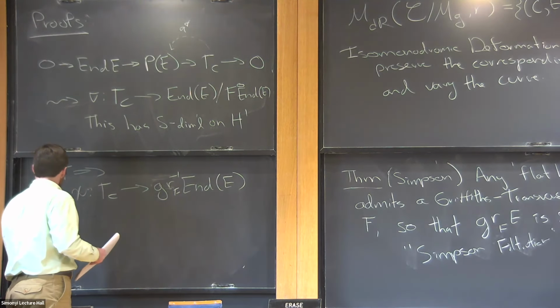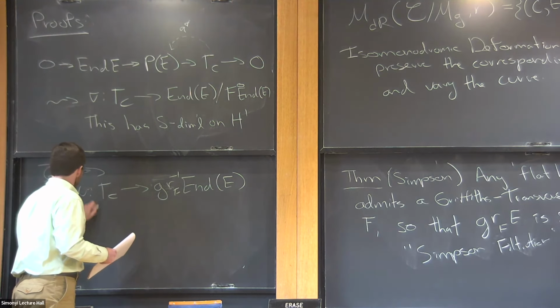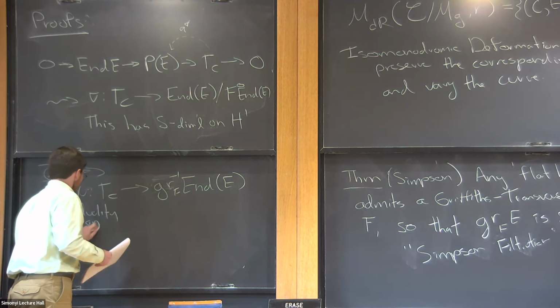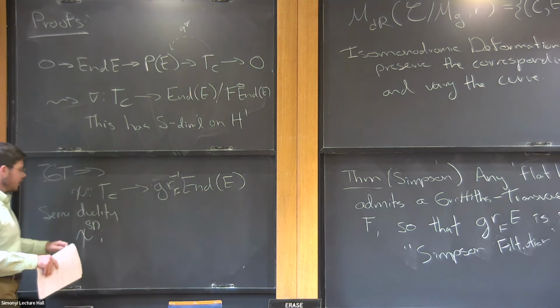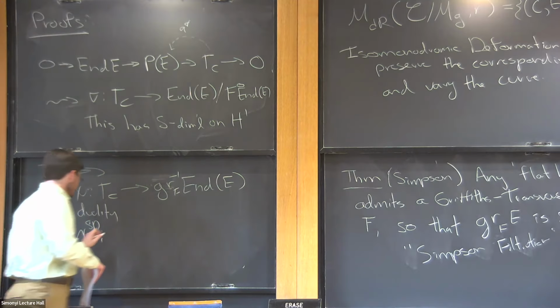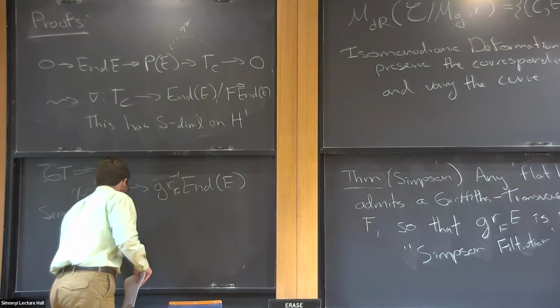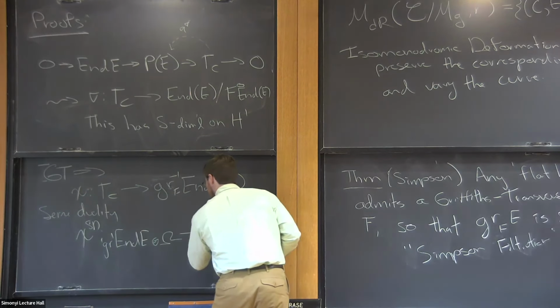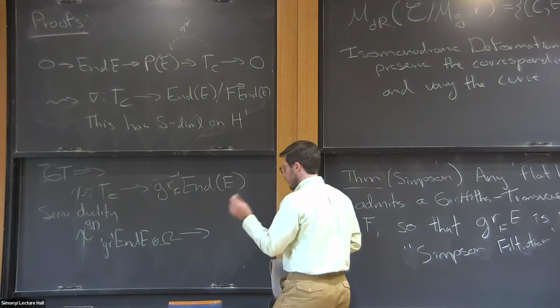Okay, so now let me consider the Serre dual of this map. So, Serre duality. Take the Serre dual. And this is now a map whose source is going to be endomorphisms of E that raise the filtration by one piece, tensored by omega squared, the quadratic differentials.